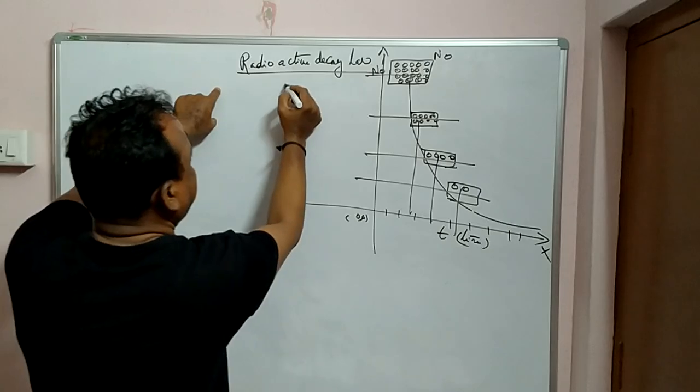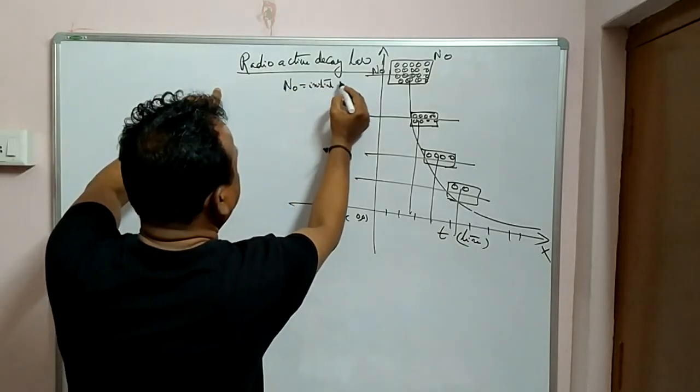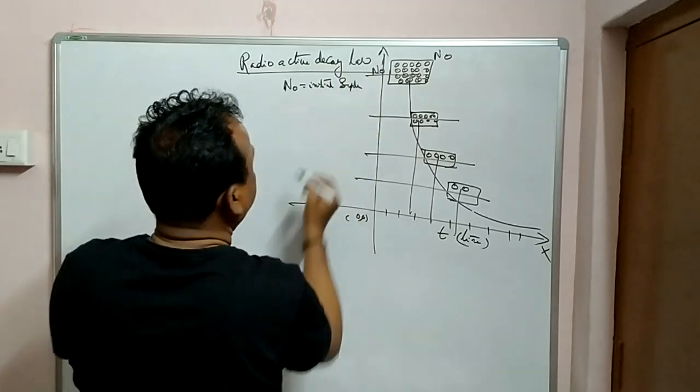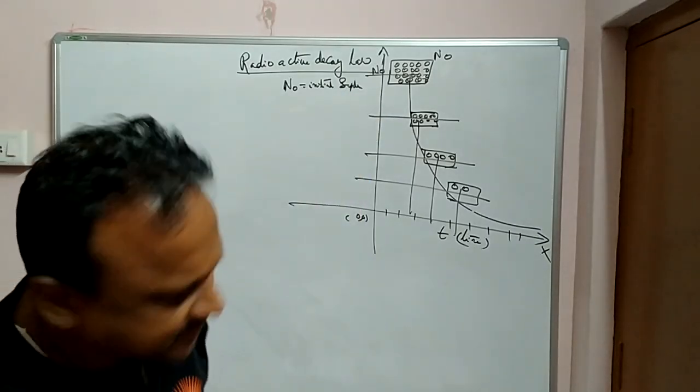Suppose the concentration initially was N0. This is the initial concentration or initial sample.